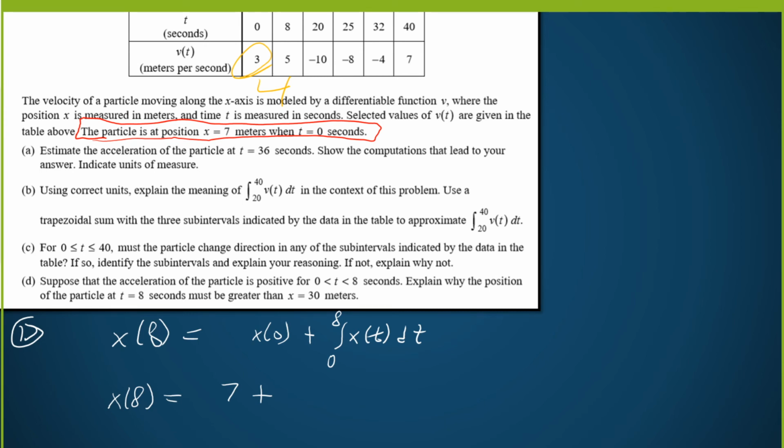If our acceleration is positive, then velocity should be increasing, so we'll know that it will be more than 3 times 8. The integral from 0 to 8 of x of t will be greater than v at 0 times 8.